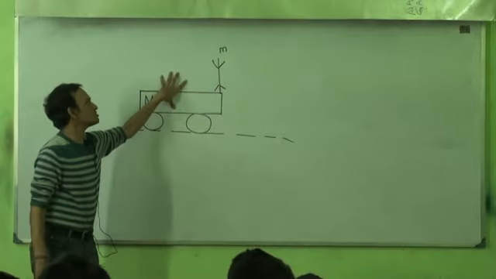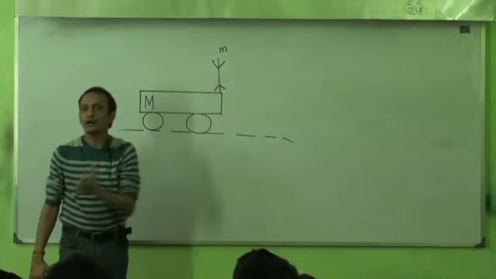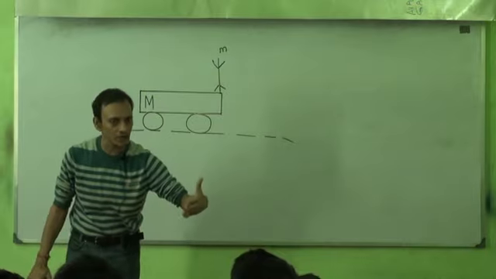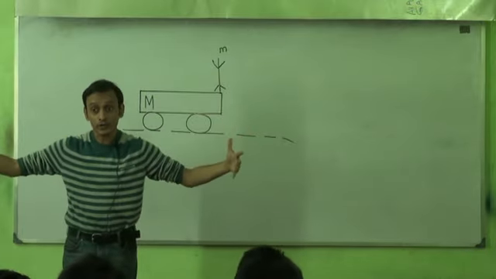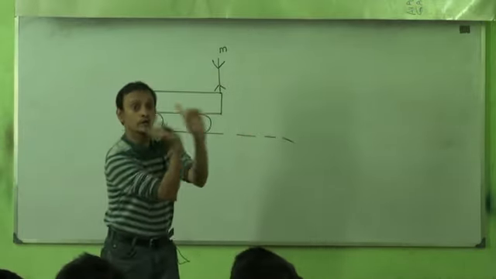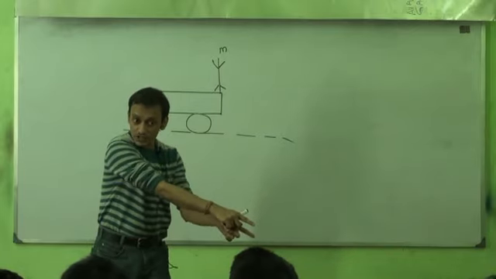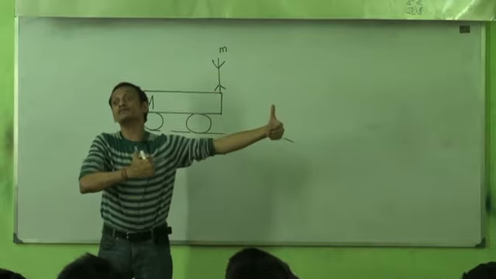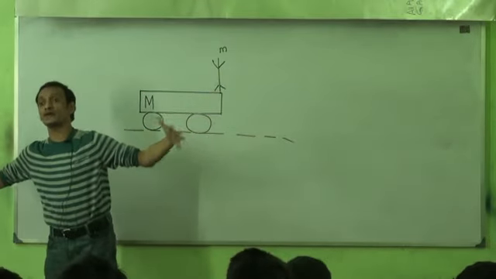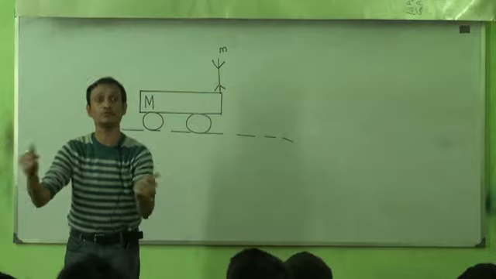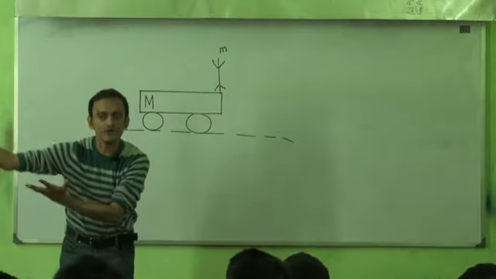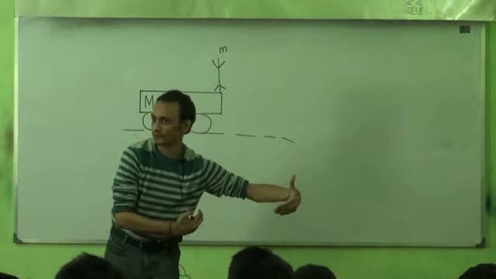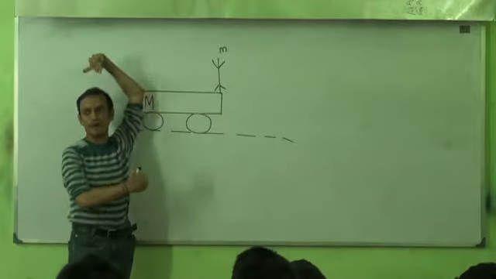So, let's say if the man jumps out of the trolley, then realize that to begin with, the system of capital M and small m had no net horizontal linear momentum. It was all at rest, right? So then if the man adds linear momentum to the system in the horizontal direction, in the rightward direction, then the trolley would respond by moving in the opposite direction so that the algebraic sum of the linear momenta remains zero after the jump as well. So then you would expect the trolley to move backwards.